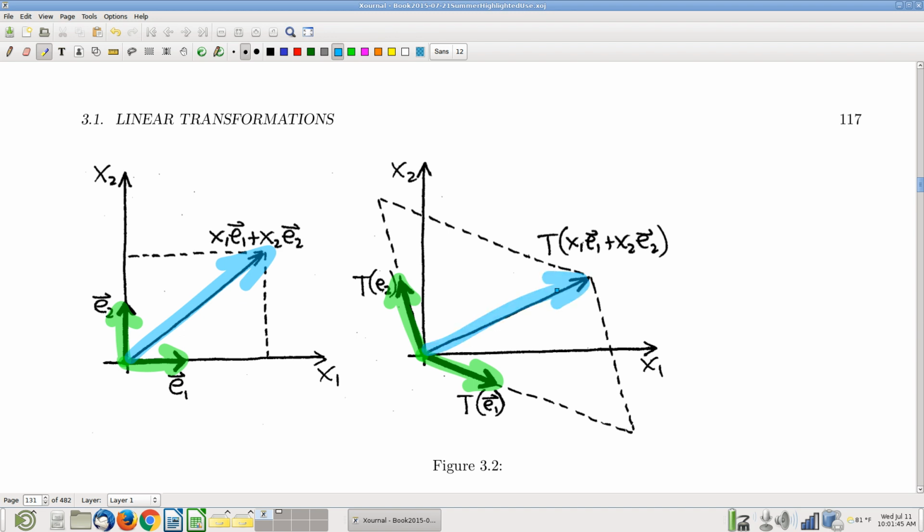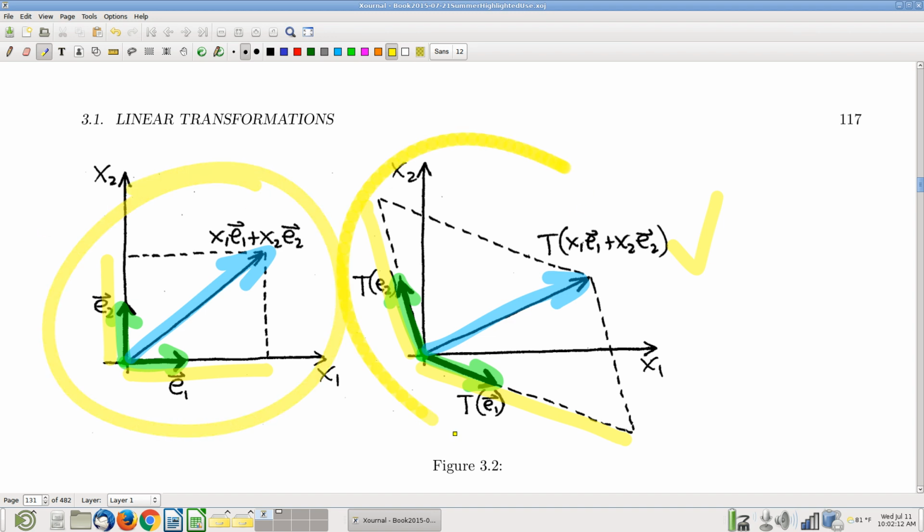And, of course, the way I do it is by realizing that, well, look, this vector is obviously a linear combination of the standard basis vectors. And so I just use those coefficients to compute that by way of the same linear combination on the outside. So you can see where the linearity is used. Once I view the input as a linear combination, then I can compute the output as a linear combination.